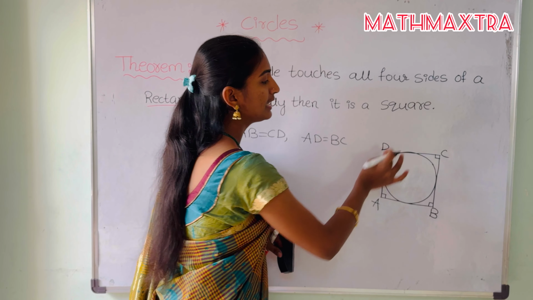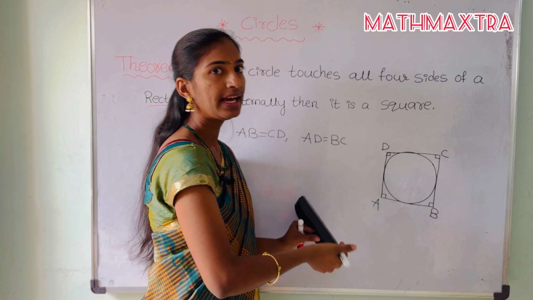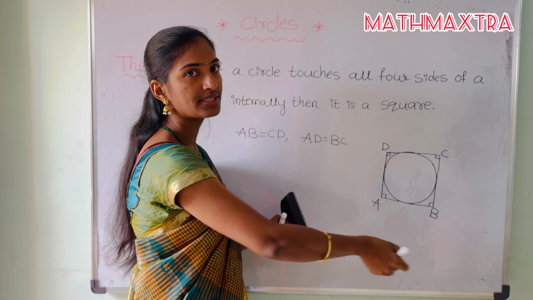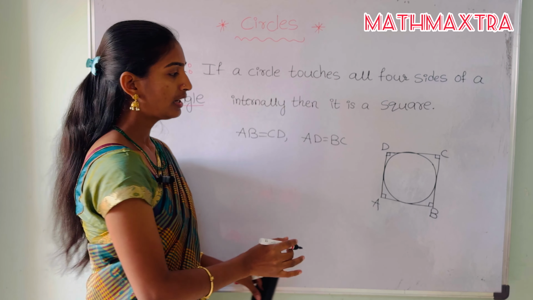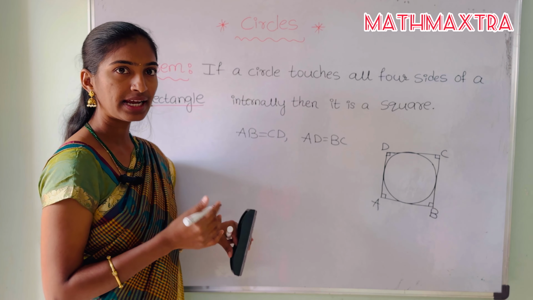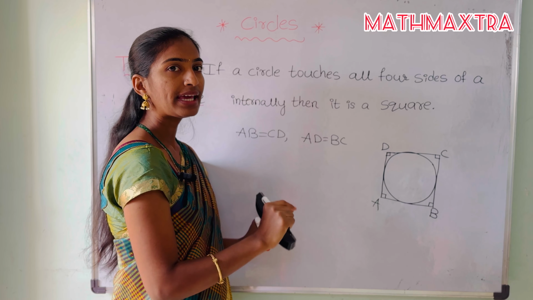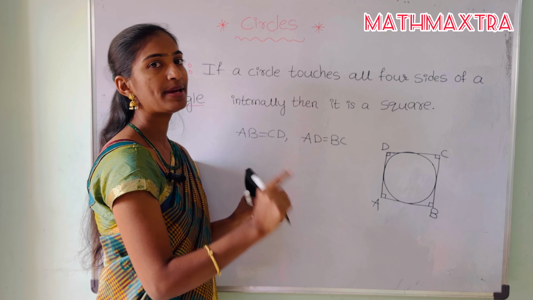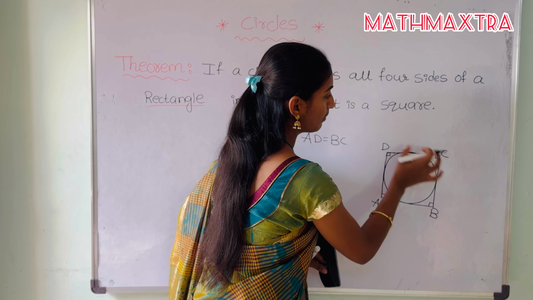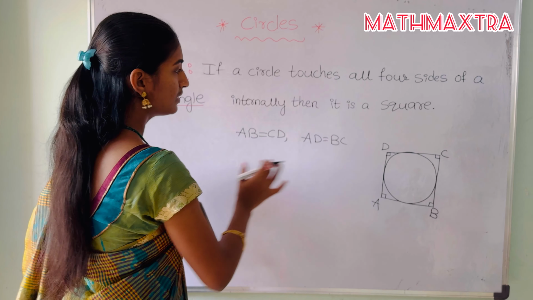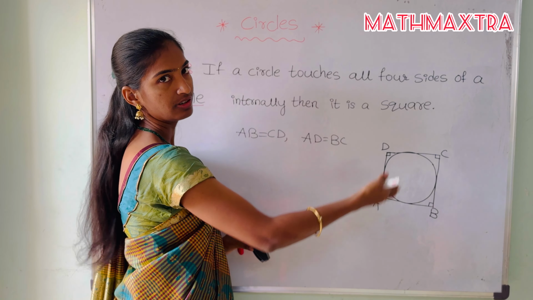As this ABCD is a rectangle, with one circle drawn touching all four sides of the rectangle internally, we know the conditions in the rectangle: the pair of opposite sides are equal and all angles are equal, each measuring 90 degrees. From this we have to conclude that adjacent sides are equal, then automatically it will become a square.